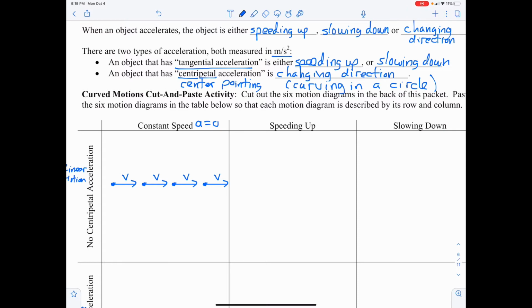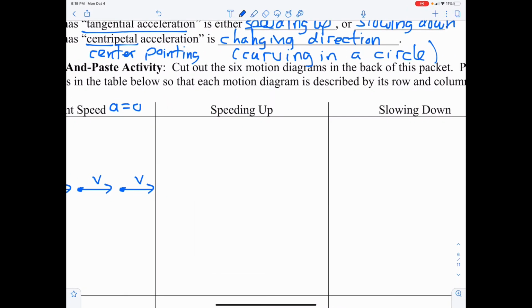Now, speeding up, how do we illustrate that? Well, start with a dot where we're kind of talking about maybe V naught is 0, perhaps. And then maybe a dot a little while later with a short arrow. And then a dot farther away with a longer arrow. And then a dot farther away with a much longer arrow.